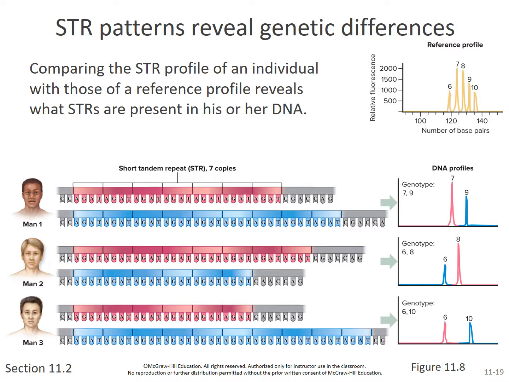The short tandem repeat patterns reveal genetic differences. Comparing these STR profiles of an individual to those of a reference or to each other, you can find differences. And so these are a way of creating a person's profile.